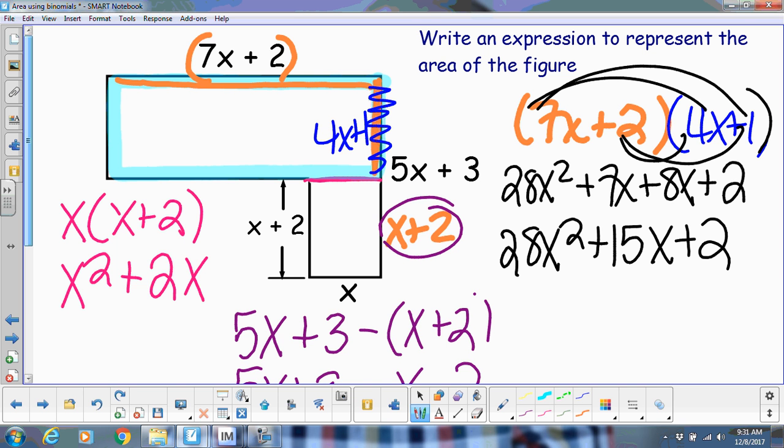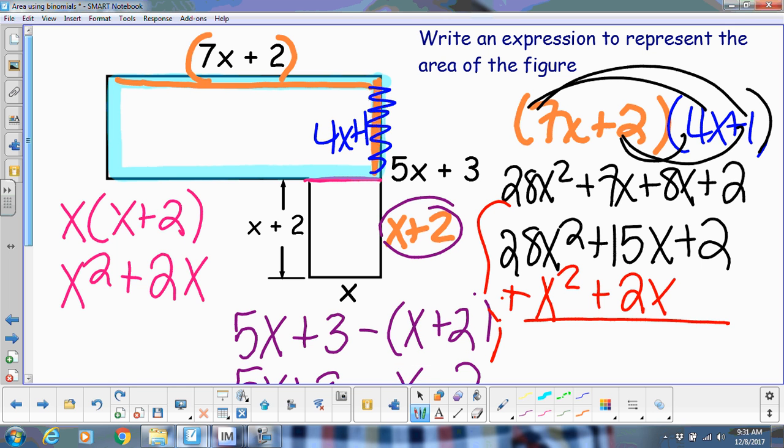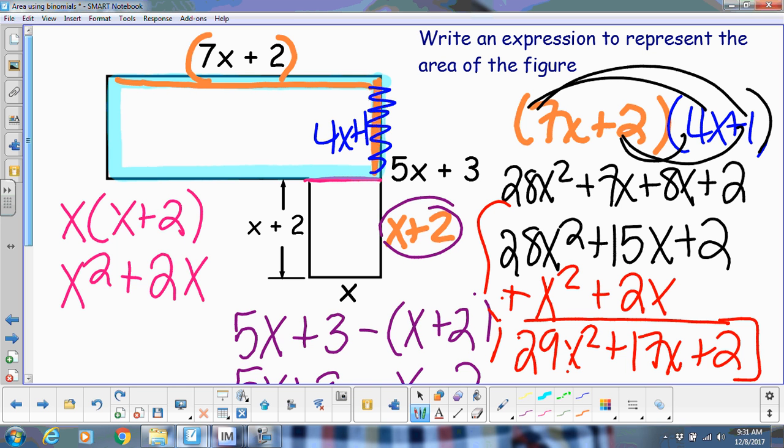Got to go back and add what to that? The x squared plus 2x. Where? Right here. So you're adding 29x squared plus 17x plus 2.